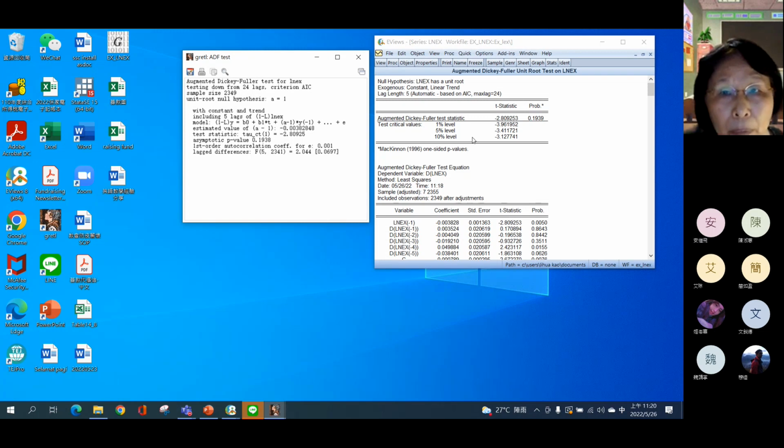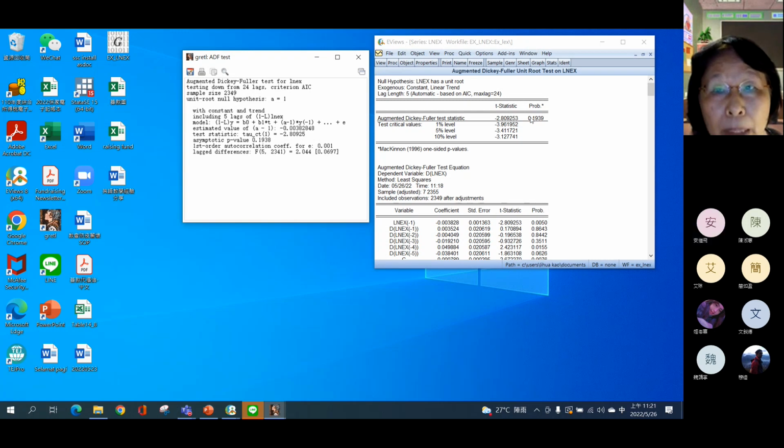You mean the critical value? Always look at the upper part here. This is actually called the augmented Dickey-Fuller tau test. Since this is the tau test, they are not using the t-table's critical values. So this is according to the tau test critical value, which is really different from the t-table. So do not look at the probability here.